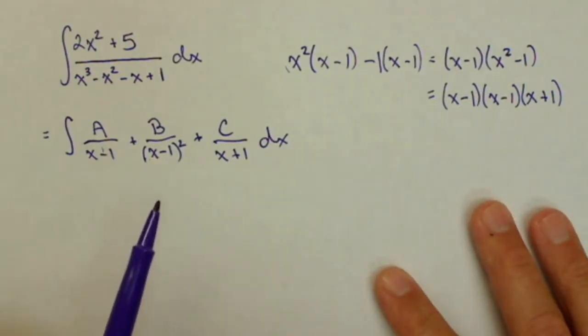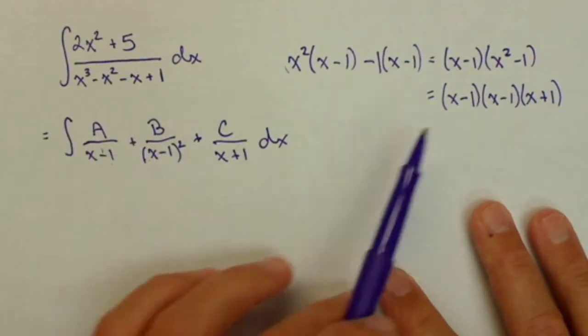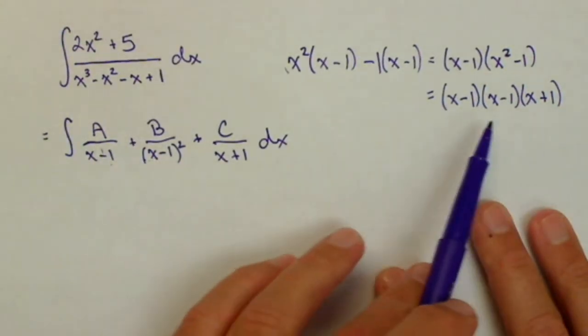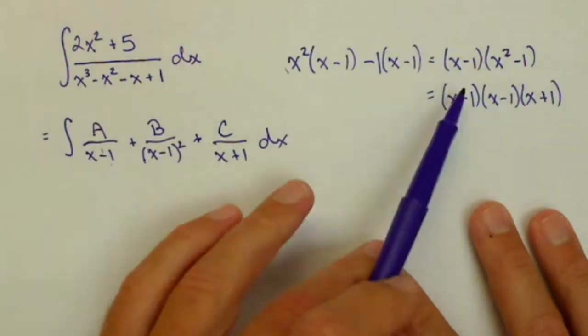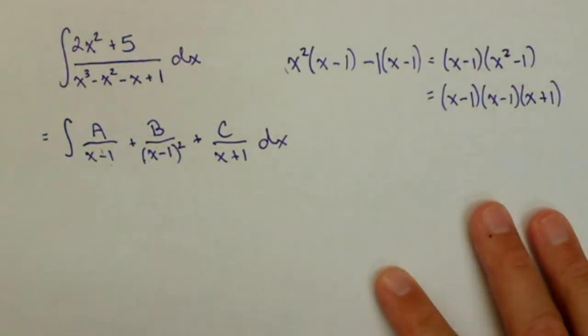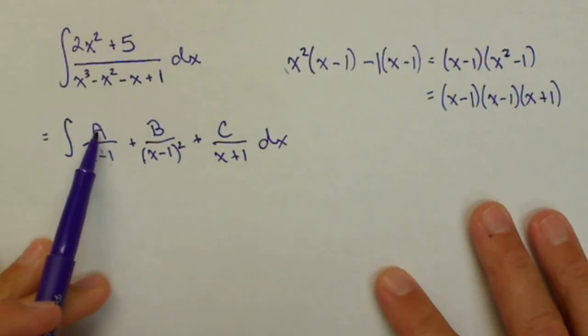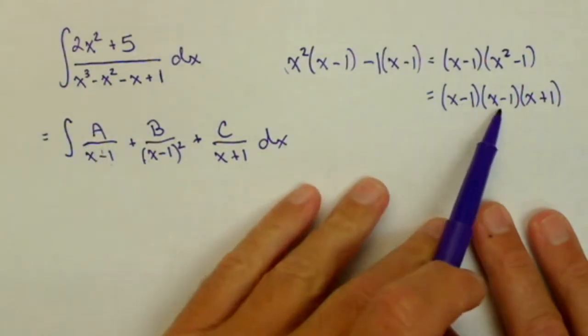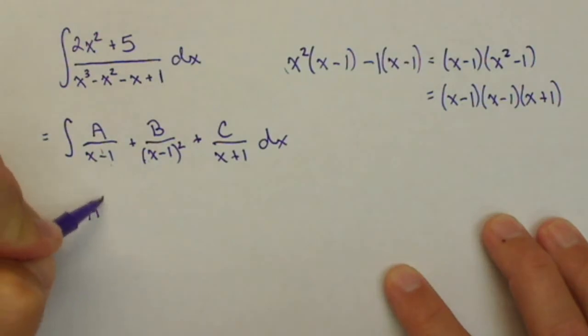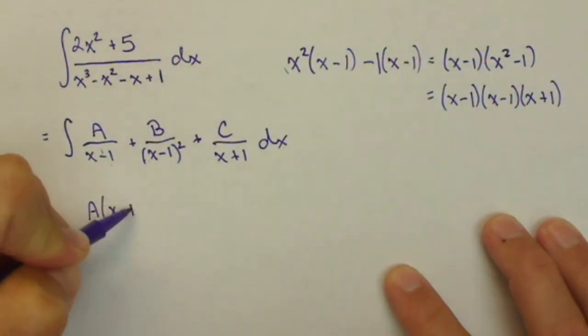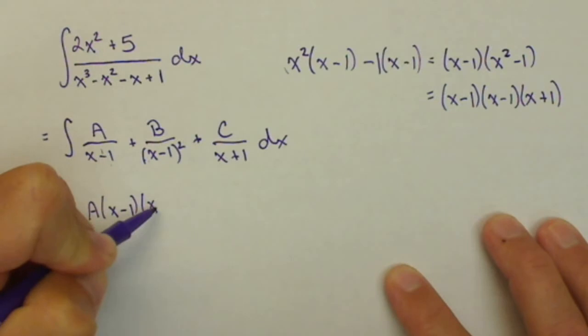Alright, now let's talk about that numerator. We know what the common denominator is. It's right here. So what you need to think about is what do you need to multiply each of these letters by to get to that common denominator. So A would be getting multiplied by one of the x minus 1s and an x plus 1. So A times x minus 1 times x plus 1.